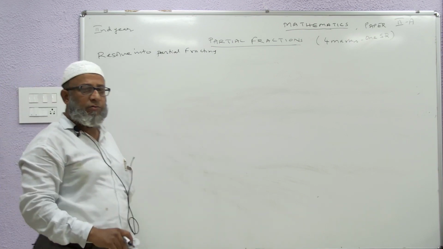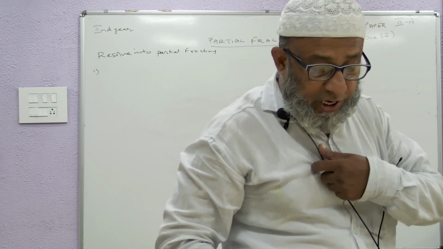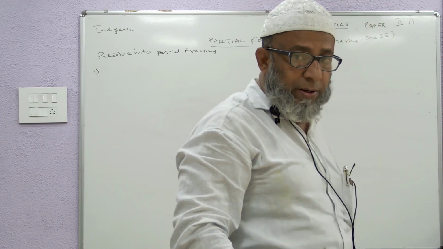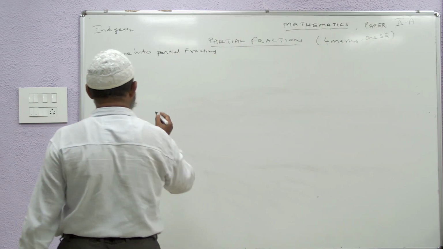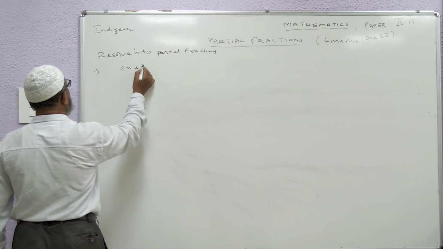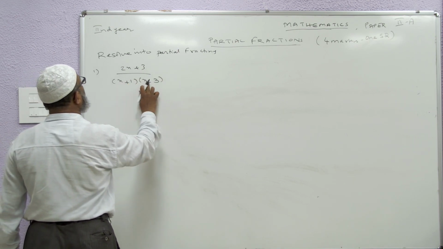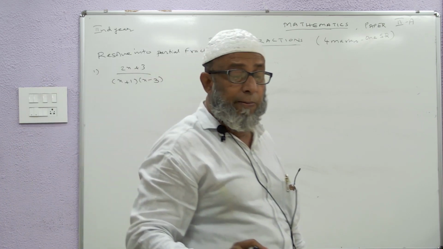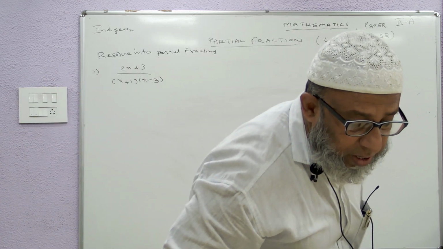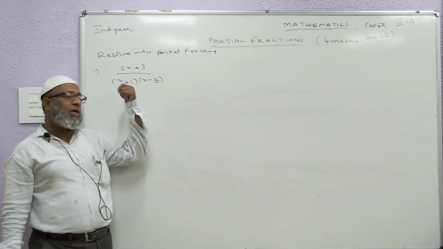This is the first exercise question from exercise 7(a) of our Telugu Academy Mathematics Reader: (2x + 3) divided by (x + 1)(x - 3), right? So this is the numerical question.